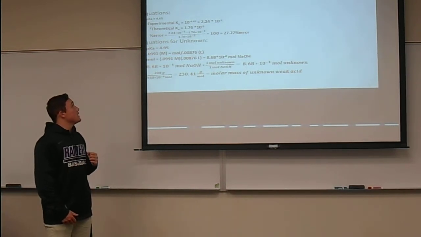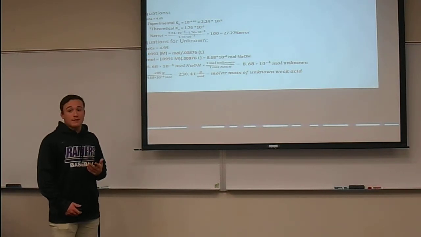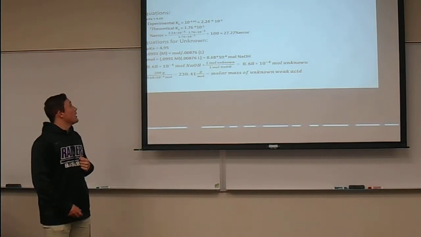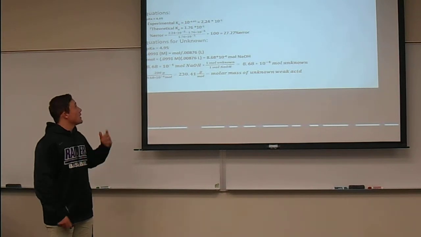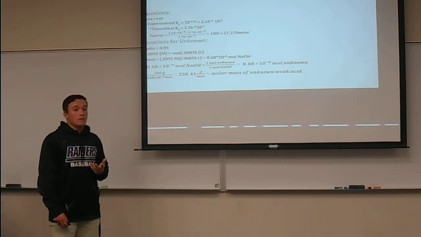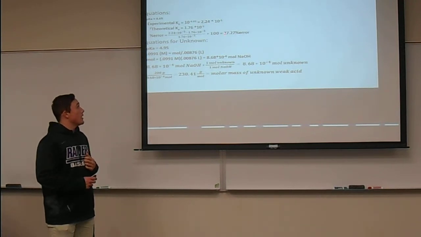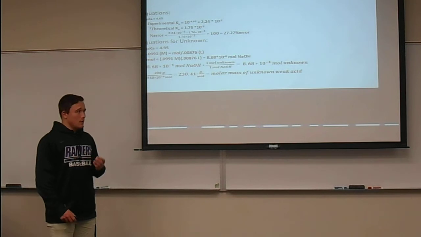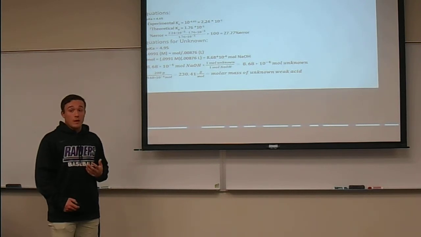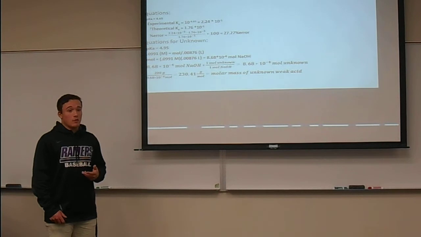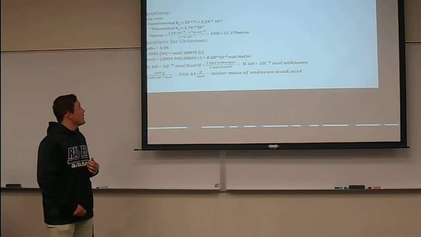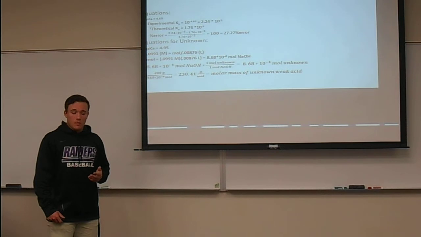If we take 10 to the negative pKa, we find what our Ka will be for that acid. Then we take our experimental minus our theoretical, divided by our theoretical, times 100%, and I ended up getting a 27.27% error, which is a little high, but when you compare it to the results in the Honors 160 lab manual for our pKa's and the molar mass, once we calculate molar mass, it becomes pretty close.